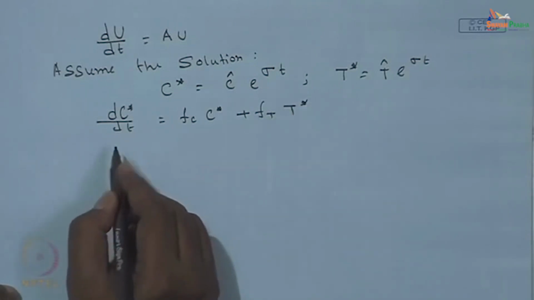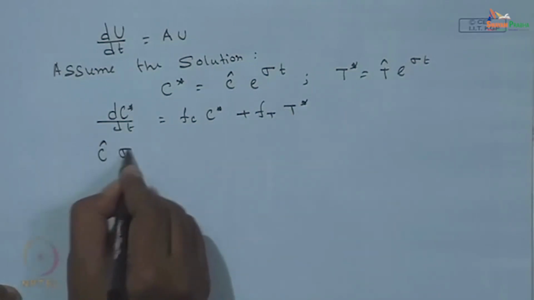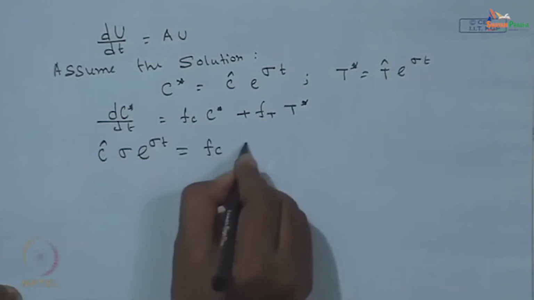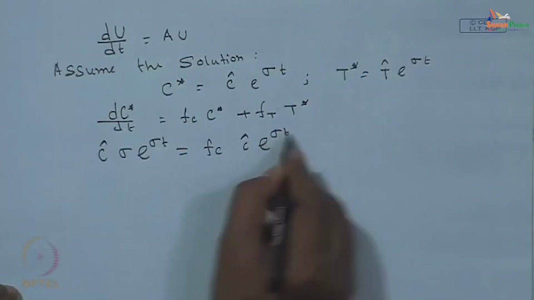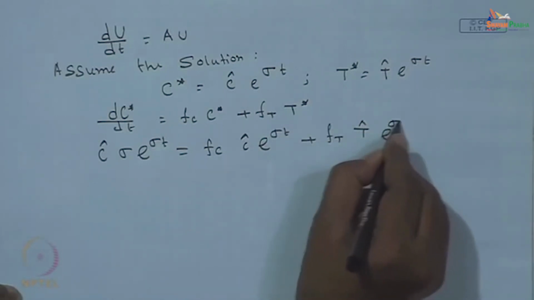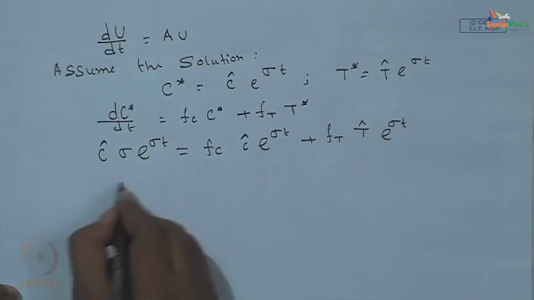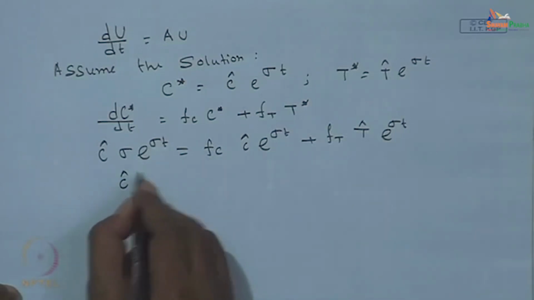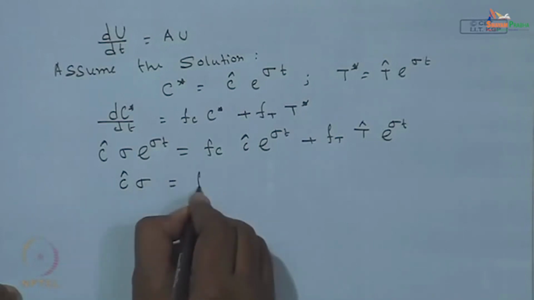So, dC star/dt will be C hat sigma e to the power sigma t is equal to f_c C hat e to the power sigma t plus f_t T hat e to the power sigma t, and e to the power sigma t will cancel out.